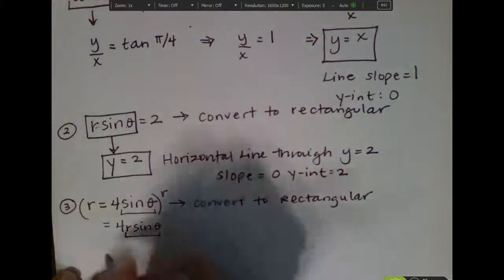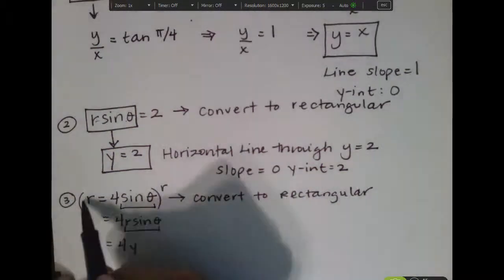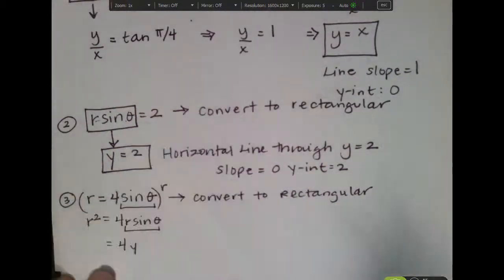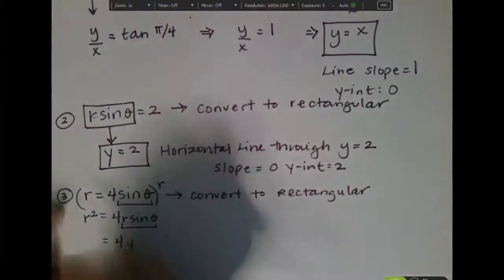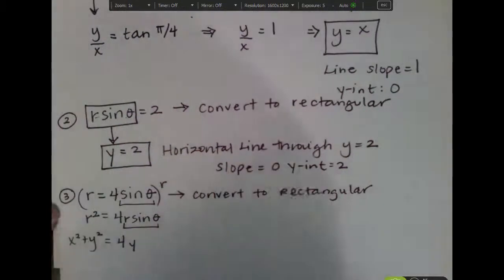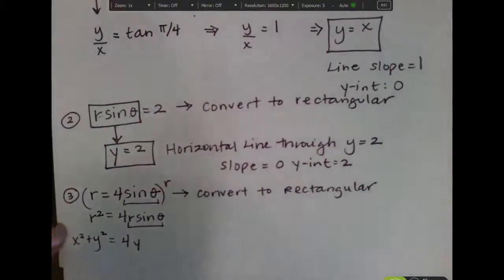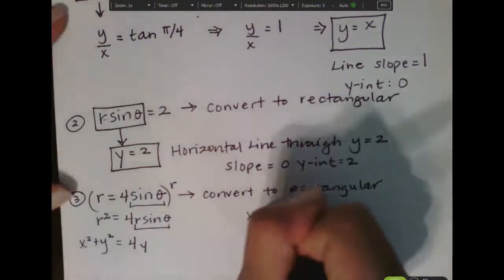Let's see what that does to the left side of the equation. If I multiply that by r, that gives me r squared. So you want to think about, is there a substitution that you can make in rectangular form for r squared? And there is: x squared plus y squared. So this is the rectangular form of the equation.